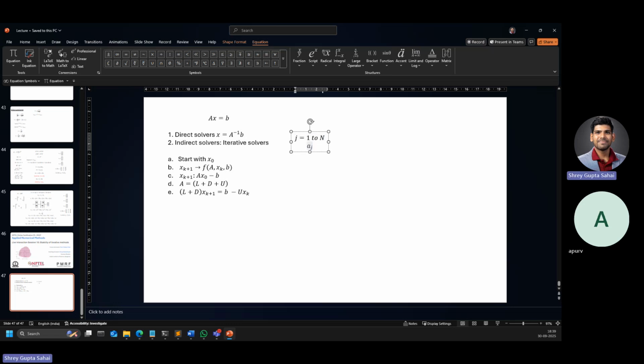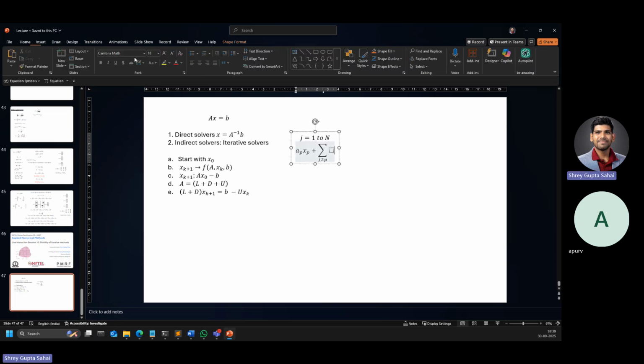So you have AJ xj plus the summation over j not equal to p of AJ xj, plus AP xp, equals BP.